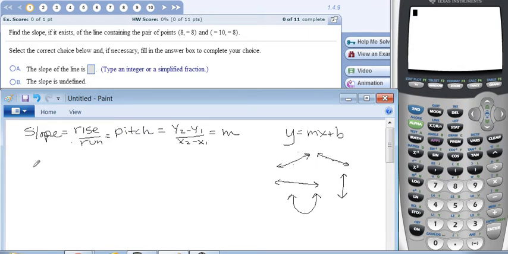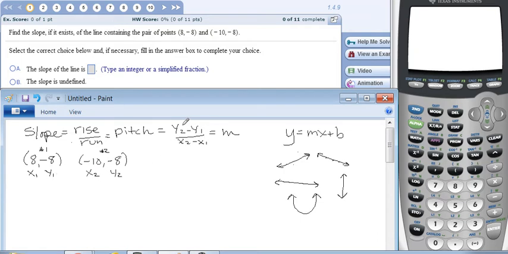So if we've been given 2 points, 8, -8 and -10, -8, we can randomly call this point number 1 and point number 2. We could have done it the other way around too; it wouldn't really matter. Then we can label these as x sub 1, y sub 1, x sub 2, y sub 2.